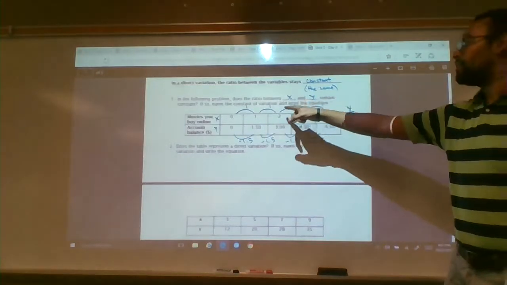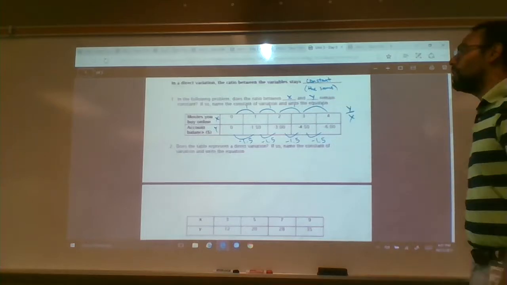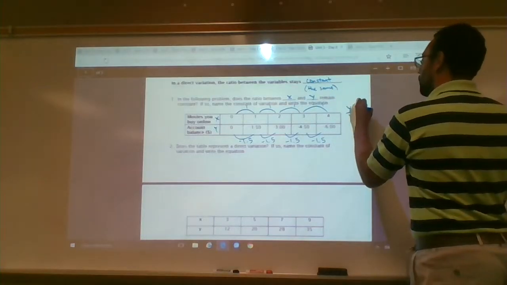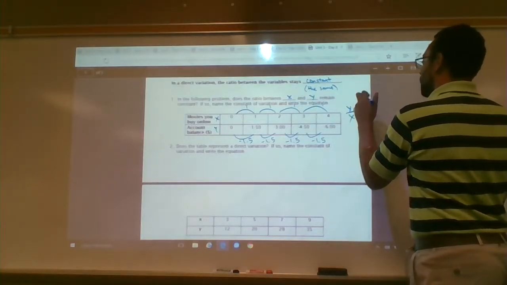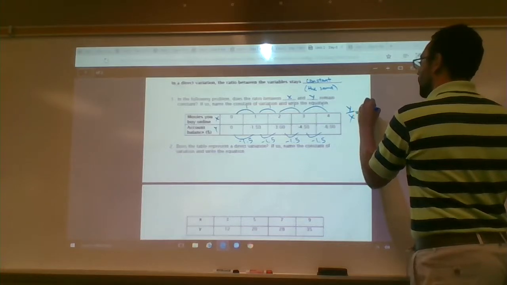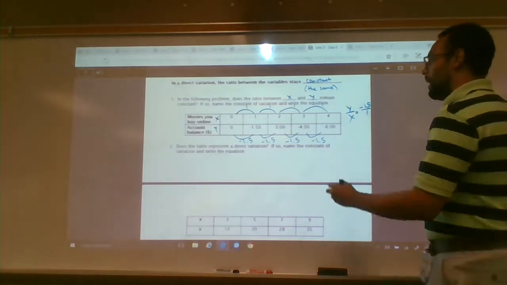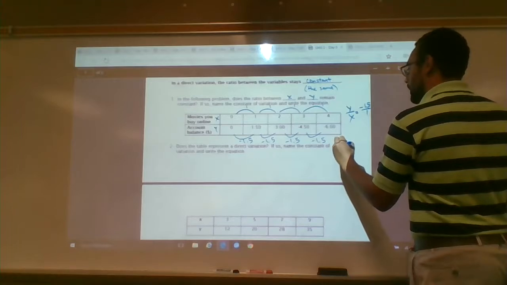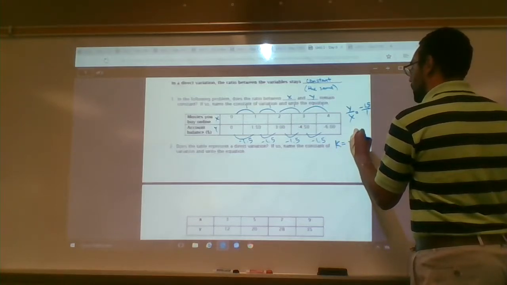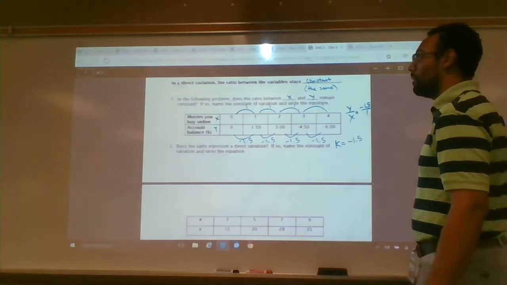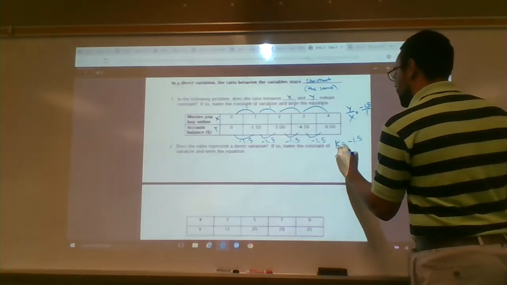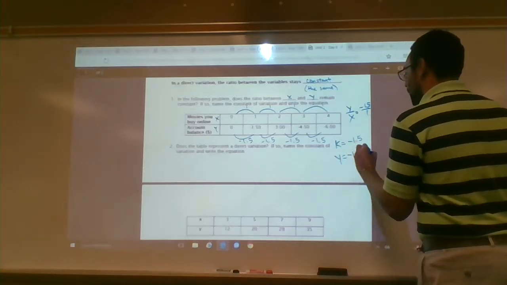The difference between my x's is 1, that's constant. So y over x gives me negative 1.5 over 1. And so k, the constant proportionality, is negative 1.5, which means that my equation is y is negative 1.5x.